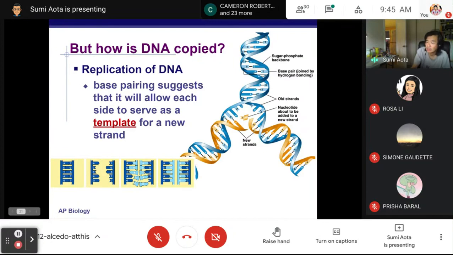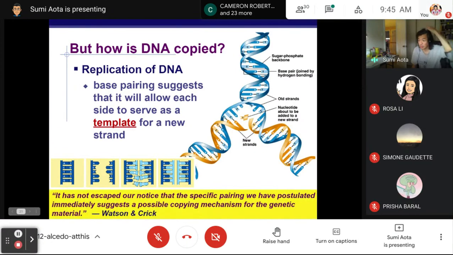As Watson and Crick even noted, it has not escaped our notice that the specific pairing we have postulated immediately suggests a possible copying mechanism for genetic material. So we know because of base pairing, as long as you have one side, you can make the other.